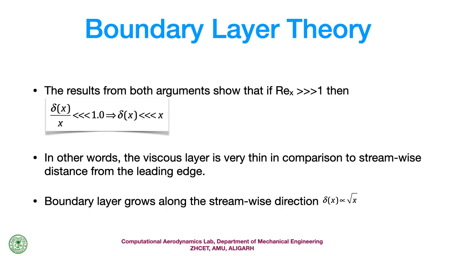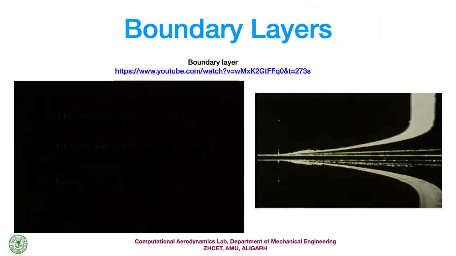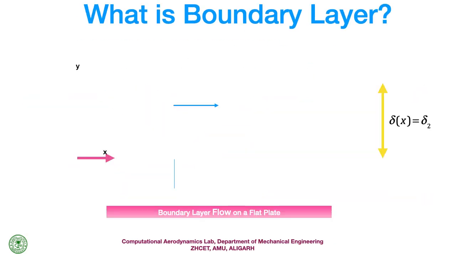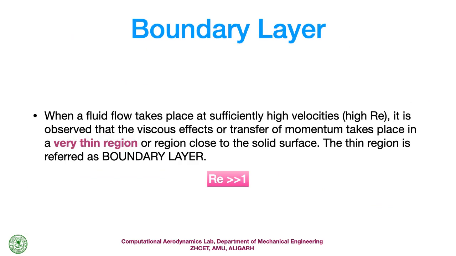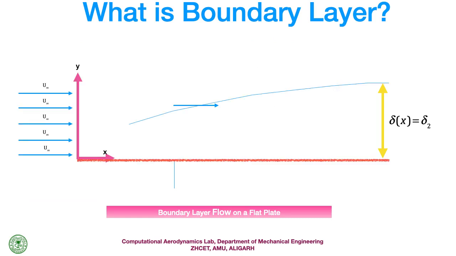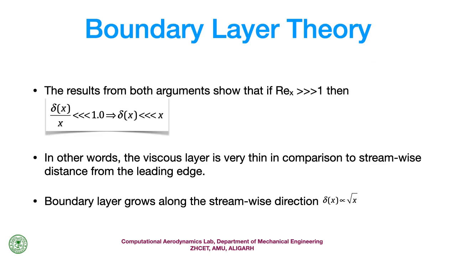If you go back to where I discussed the boundary layer theory in words, sufficiently high velocity or high Reynolds number was the necessary condition. So if the Reynolds number is sufficiently high, then delta x by x is much less than 1, which means delta x is much smaller than x.